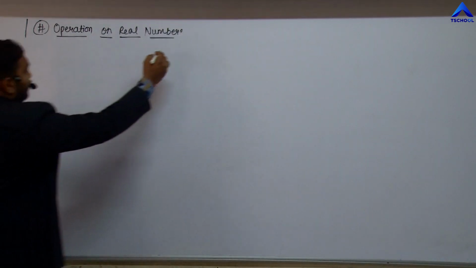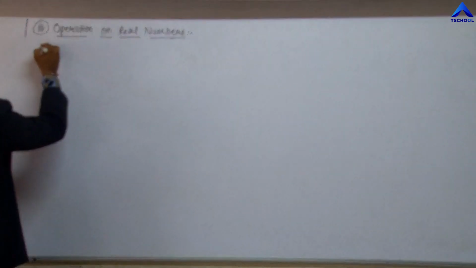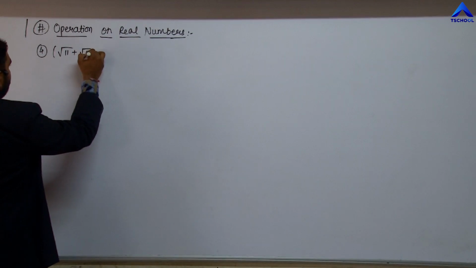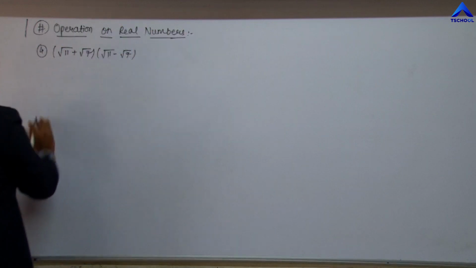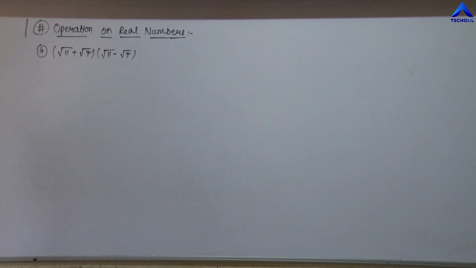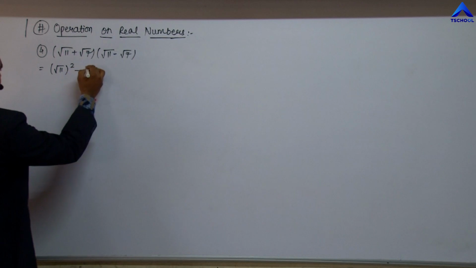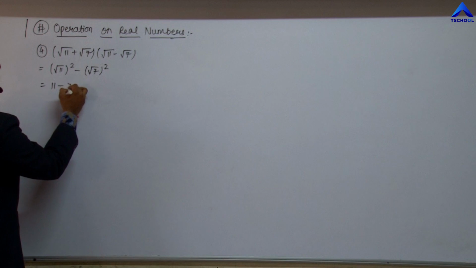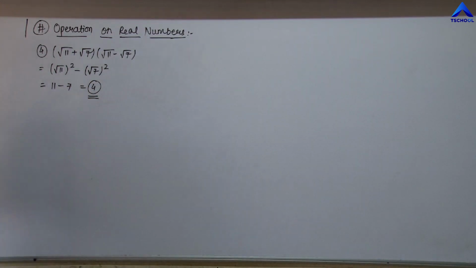Now coming to the fourth one, that is square root of 11 plus square root of 7 into square root of 11 minus square root of 7. Again, that is of which result? The third one, I think. That equals square root of 11 square minus square root of 7 square. That is 11 minus 7, which equals 4. So the answer is 4 here.